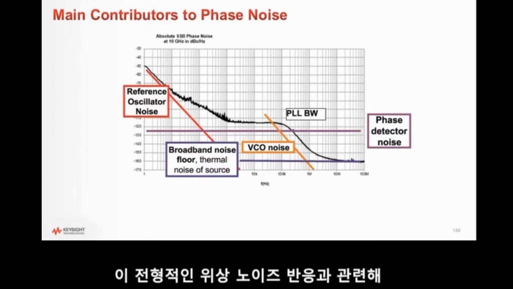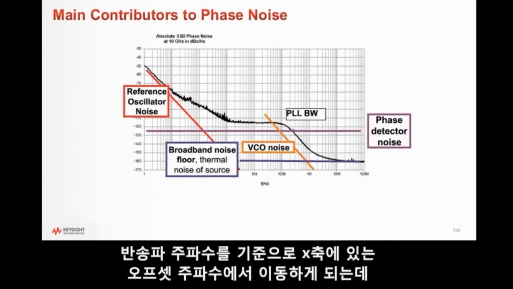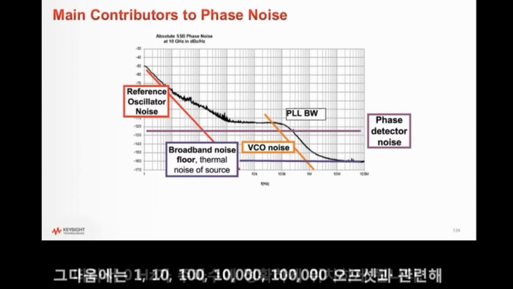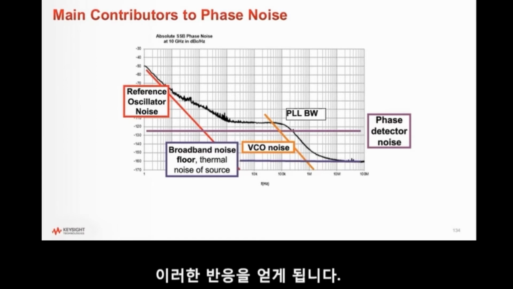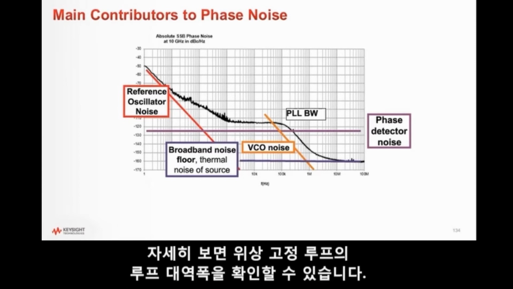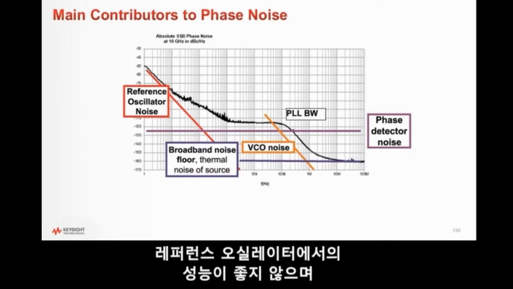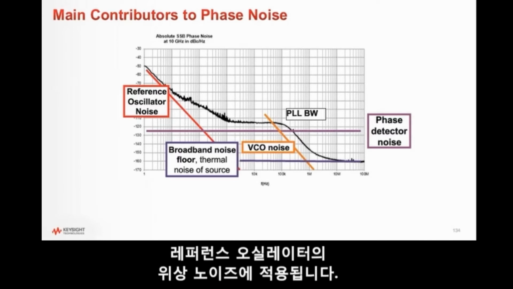But you have this classic phase noise response as you move in offset frequency on the x-axis from your carrier frequency. So 0 hertz would be exactly on your frequency. Then we're talking 1, 10, 100, 10K, 100K offset. Close in, you have the loop bandwidth of your phase lock loop. It's able to lock your VCO, which has poorer performance than your reference oscillator, to the phase noise of the reference oscillator.